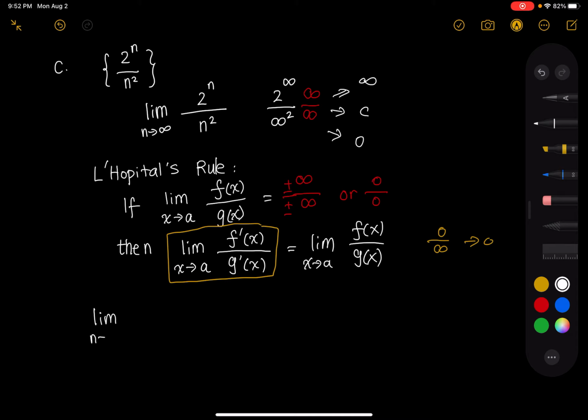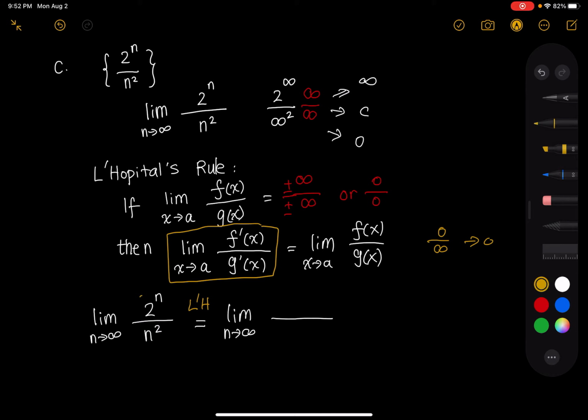The limit as n goes to infinity of 2 to the nth power over n squared. You can consider x as n also. They are essentially a function. You replace n by x, you get the same expression. So we denote that we're using L'Hopital's rule. We get the limit as n goes to infinity.